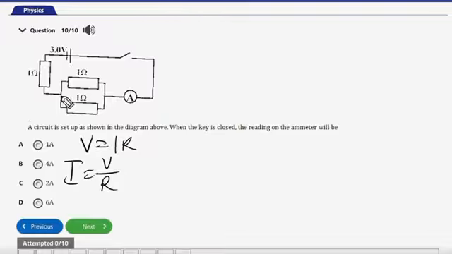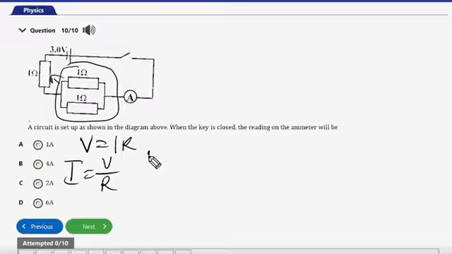But in order for us to get the total resistance here, we have to find the resistance for this parallel connection and then add it to that of this series connection in order to get the total resistance.